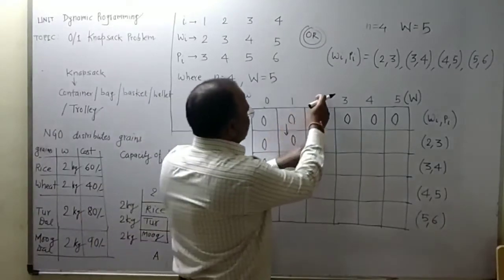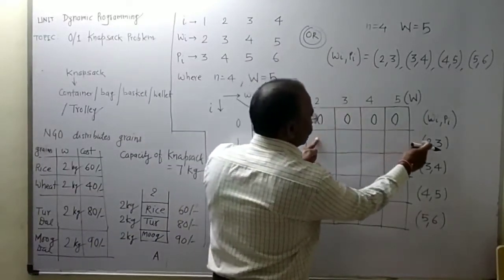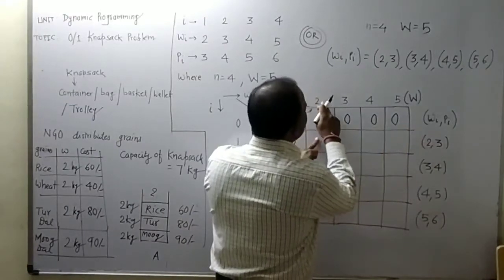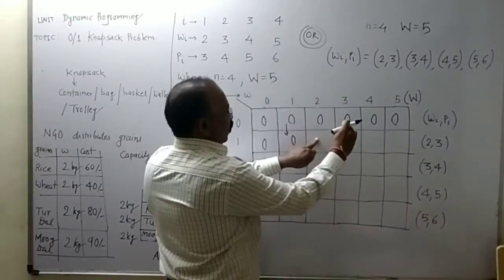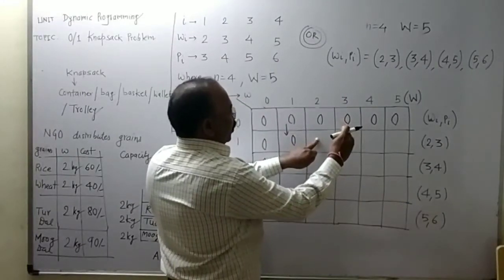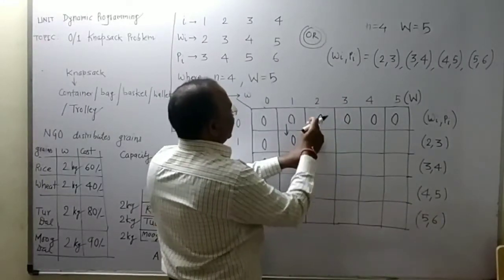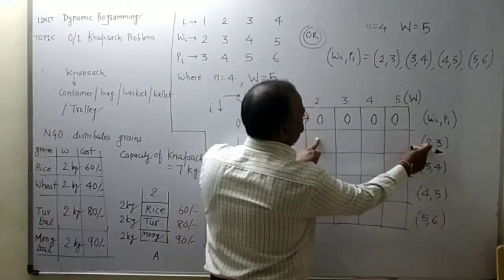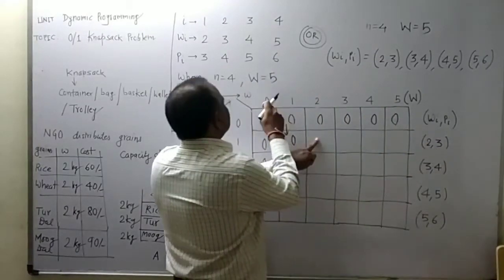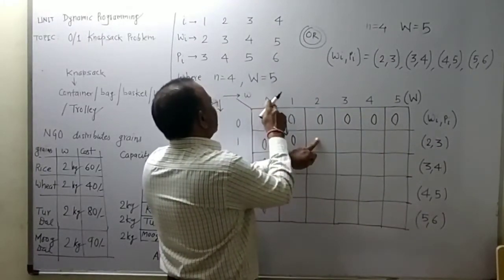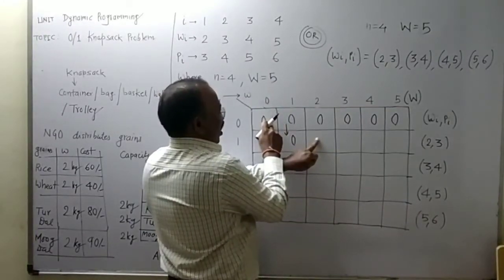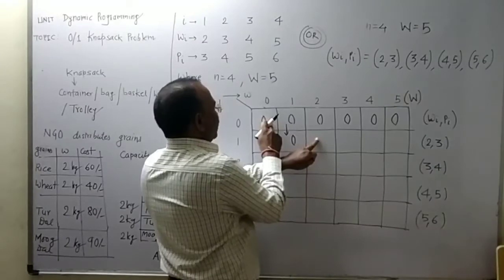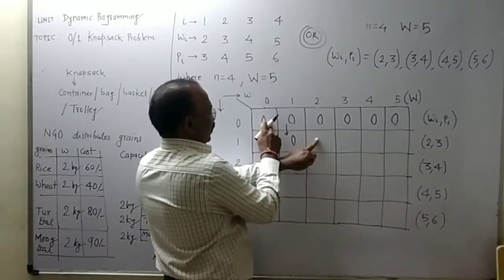See here, this column 2 minus weight 2, 2 minus 2, that is 0. In the upper row you will get the column that is 2 minus 2, that is 0, means this column we are getting, and the cell will be this. Always we have to refer to the previous row.